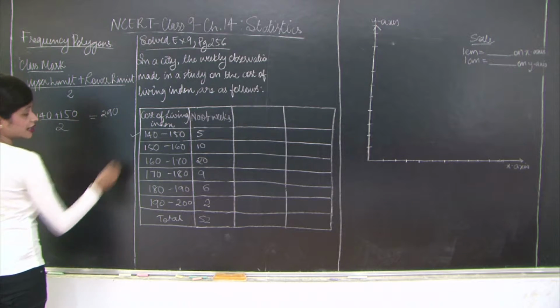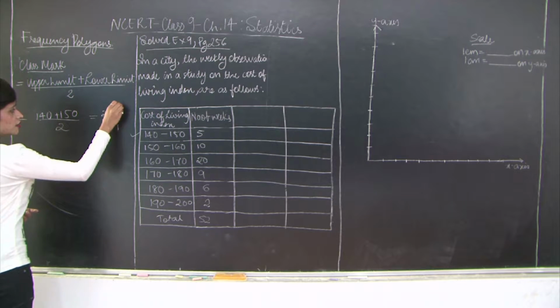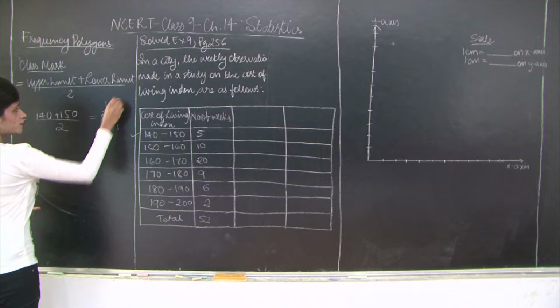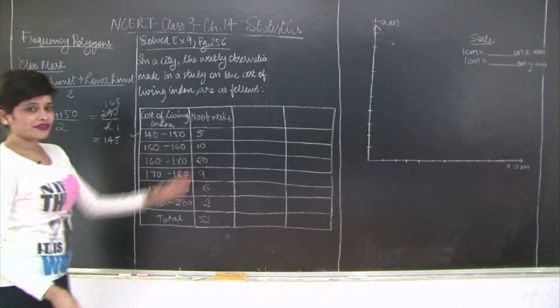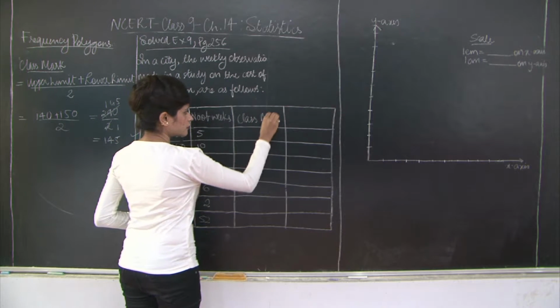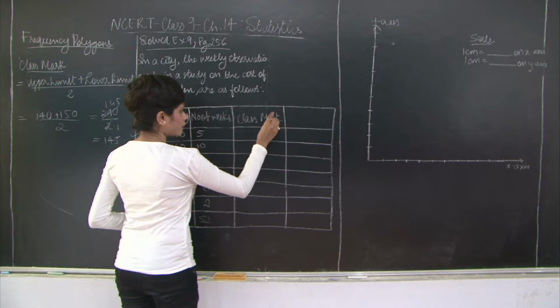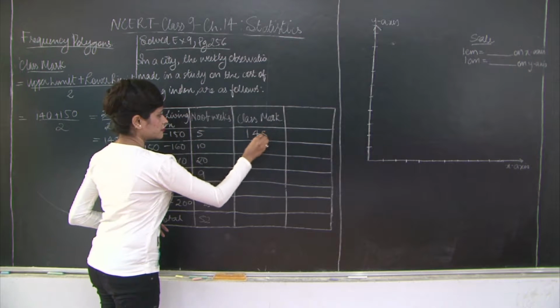I am checking for this class interval. So we'll have a third column out here, which is class mark. So this would be 145.